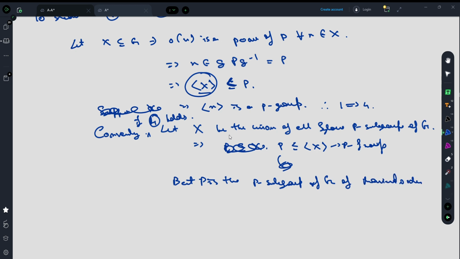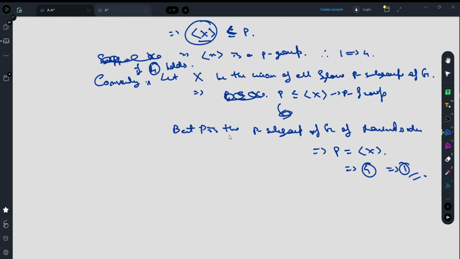But P is the P subgroup of G of maximal order, right? And that is the order which X can comprise, because X is the union of all Sylow P subgroups. So that's the maximum order which X can comprise of. So that implies P must be exactly equal to this, right? Which implies that 4 implies 1.